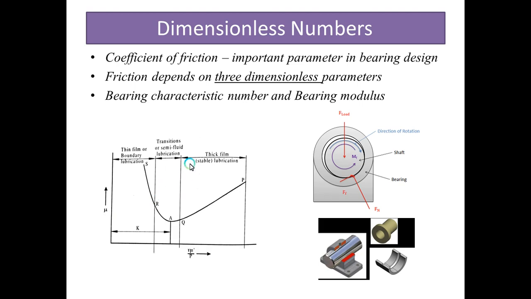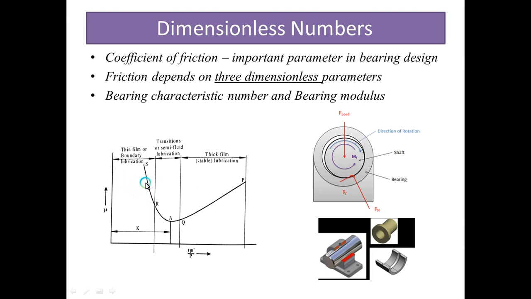If the viscosity is decreased further, or the speed is decreased further, or the pressure is increased, it will move on to the next part of the curve, that is R and S, where thin film or boundary lubrication occurs.